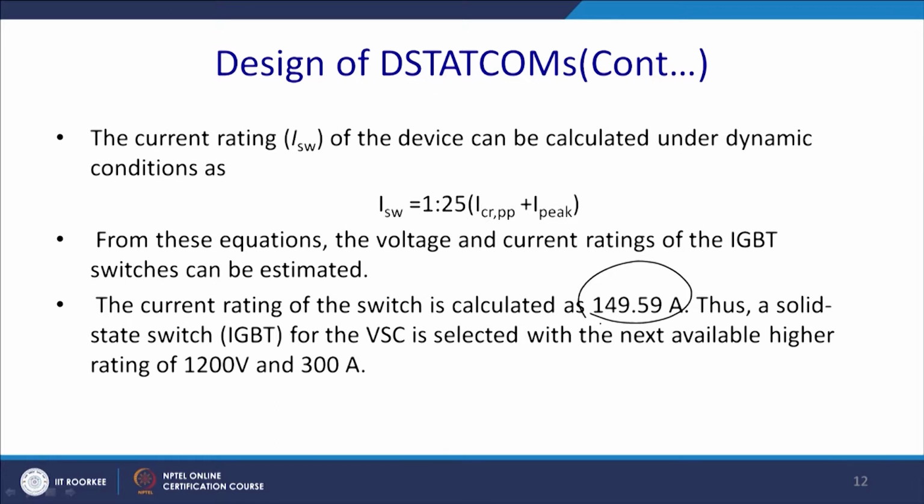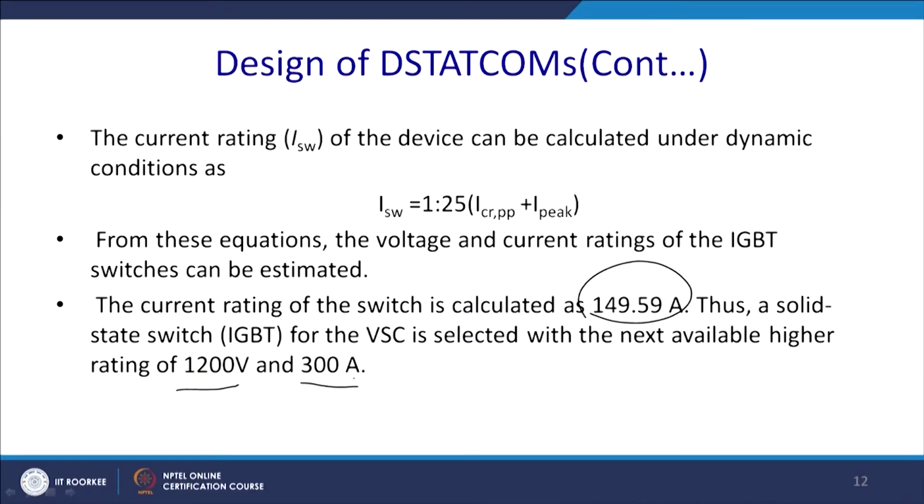So, the current rating of the switches is found to be about 149.59 ampere, and we need to take a factor of safety. In this case generally we find that the factor of safety required is double, and for this reason we choose the next available higher rating, that is 1200 volt 300 ampere.